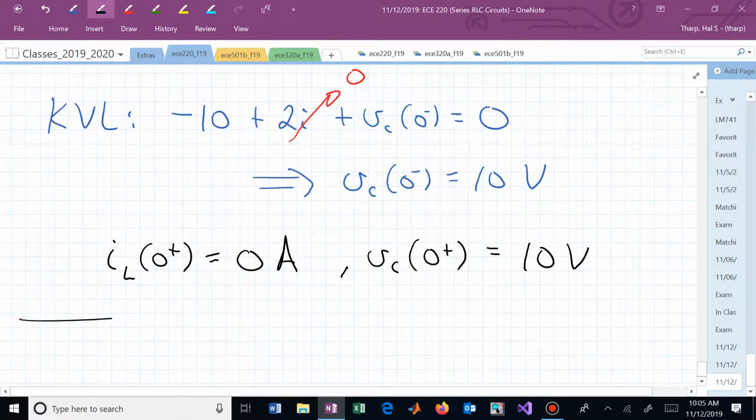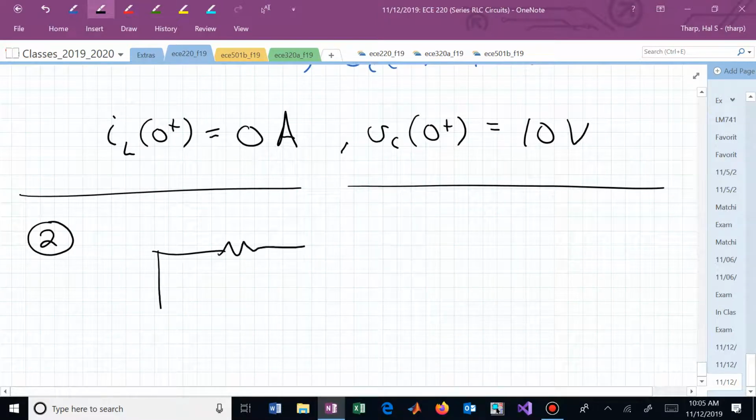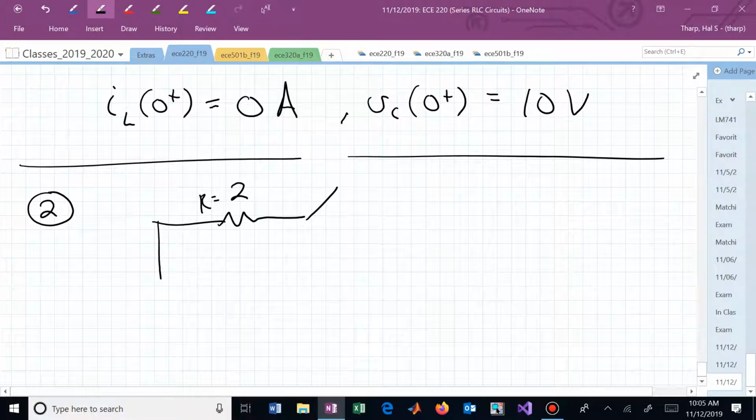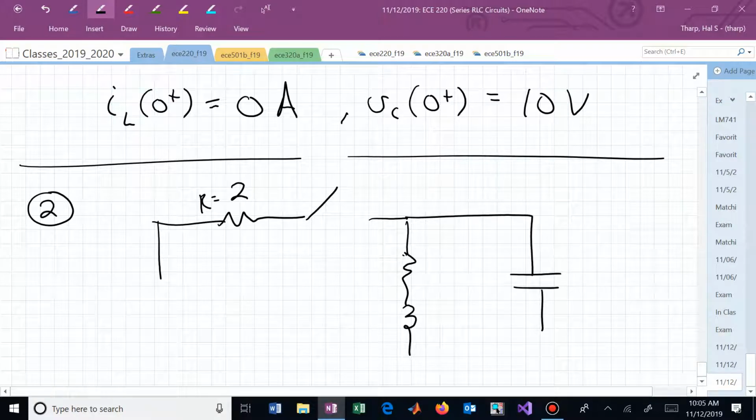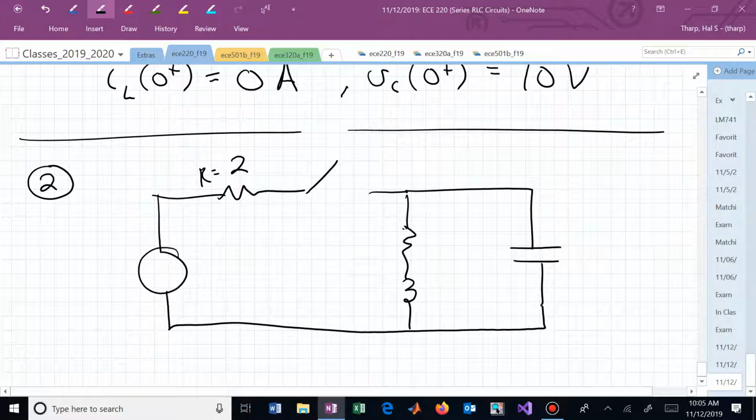Let's do another one. 2. I like 2, so let's give R equal to 2. It's not my favorite number, but you wouldn't know that necessarily. I'm sorry, I'm just drawing. I need something to distract myself from the drawing.